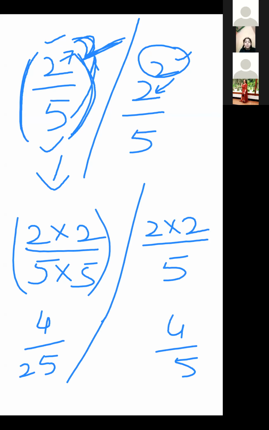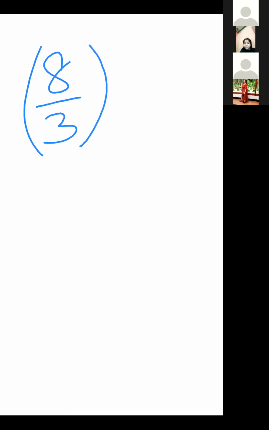Clear? Okay, I give you one more example. This you understood? The difference of this. Okay, I'll show you one more. If I write 8 upon 3 raised to power 3, it means, one by one I have to explain.